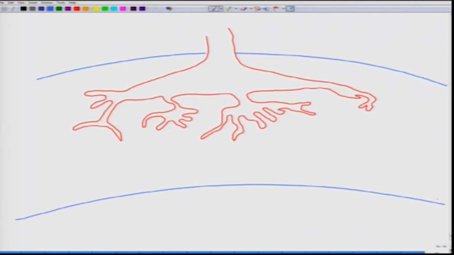Now, if you look at these terminals very carefully, you will observe something very interesting: they have button-like structures, and there is a huge amount of mitochondria located in these locations.